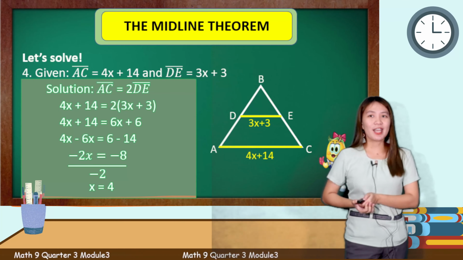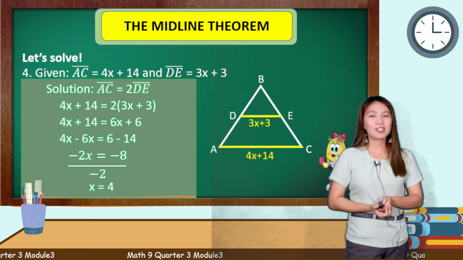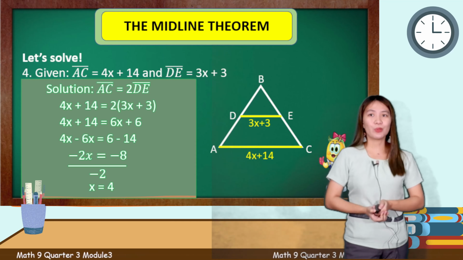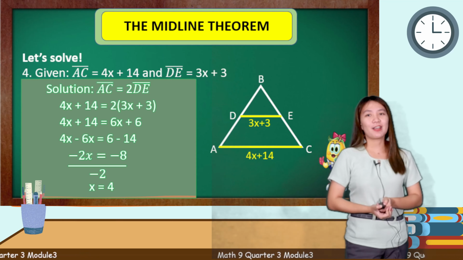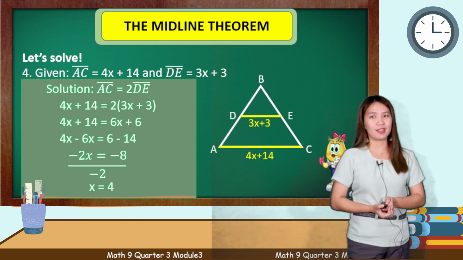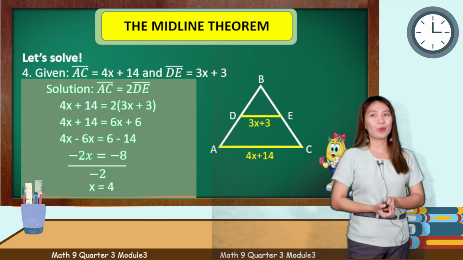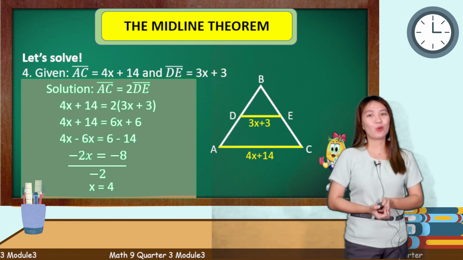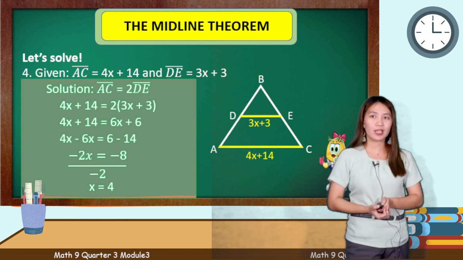We know that segment DE is half as long as segment AC. Again, we will multiply it by 2. So we have the formula, segment AC is equal to twice the measure of segment DE. And by substitution, we get 4x plus 13 is equal to 2 times the quantity 3x plus 3.